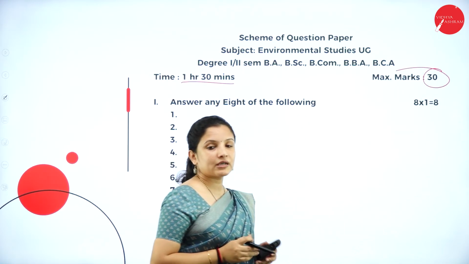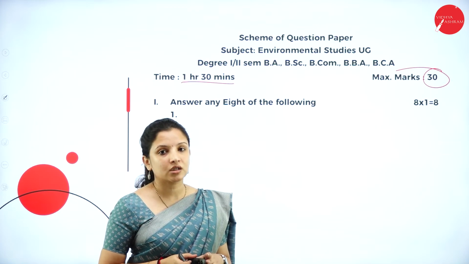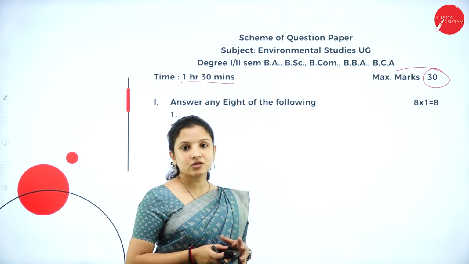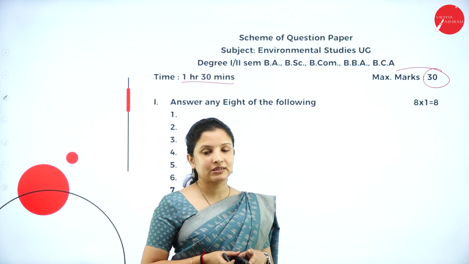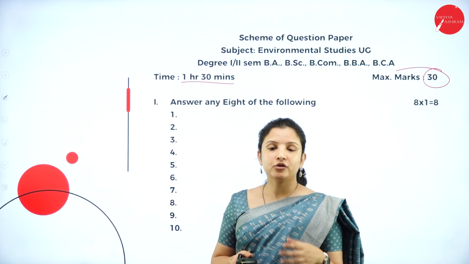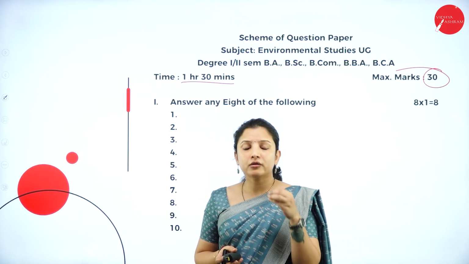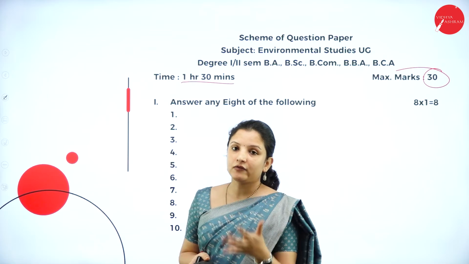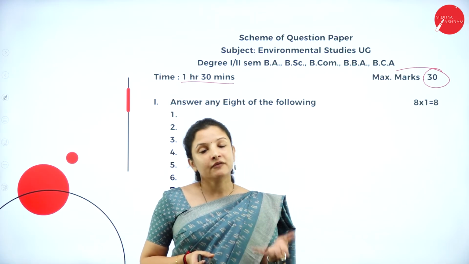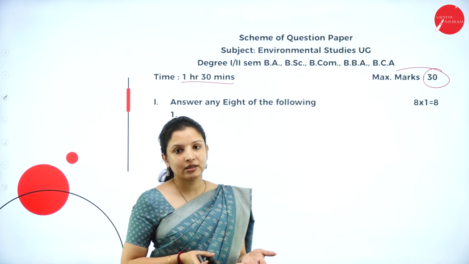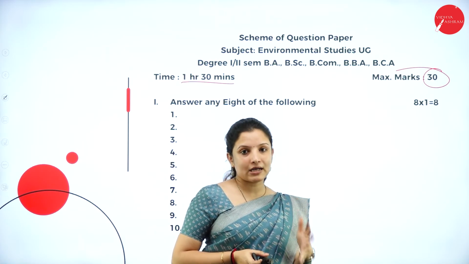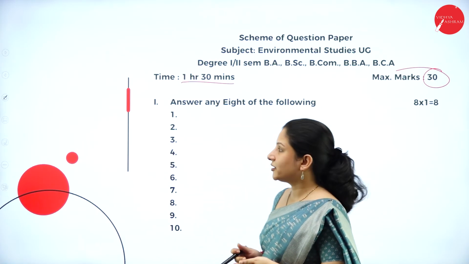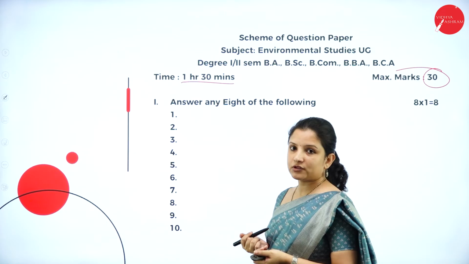Environmental studies is just for 30 marks, and they usually ask straightforward, simple questions, which once you read you can write on your own. If you attend classes and listen to the lecture, you can write your own answers. So it is very easy to score, and moreover it's just for 30 marks.